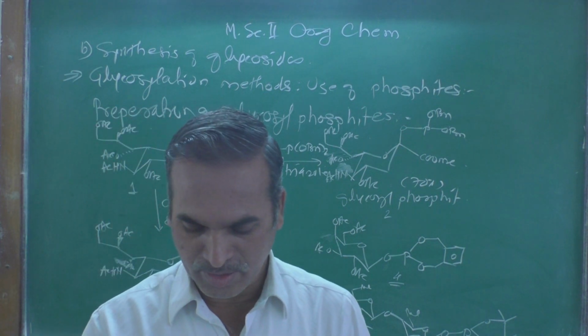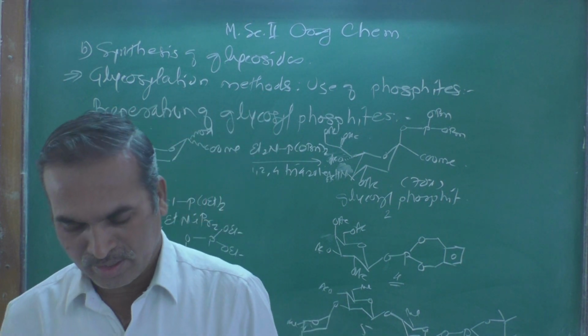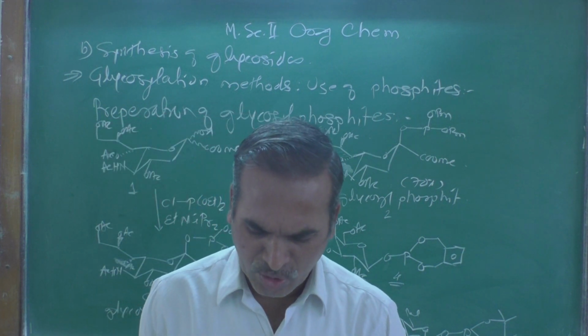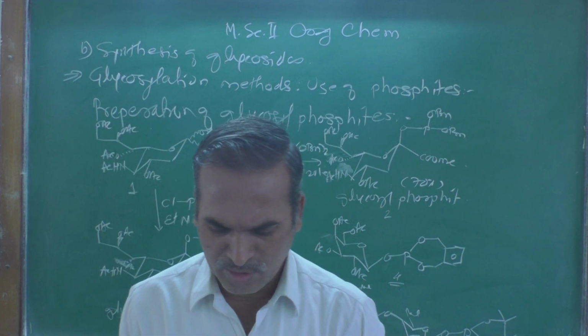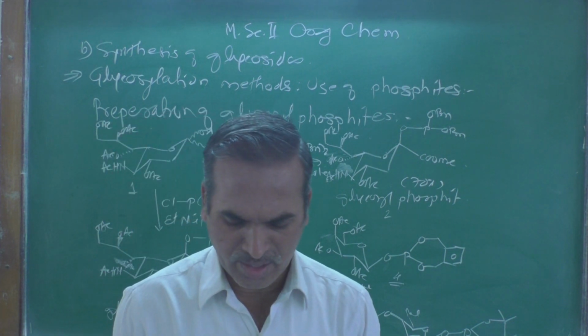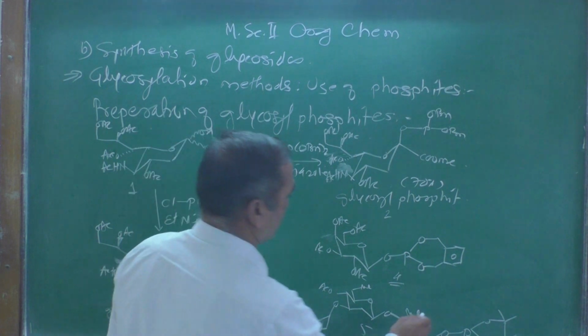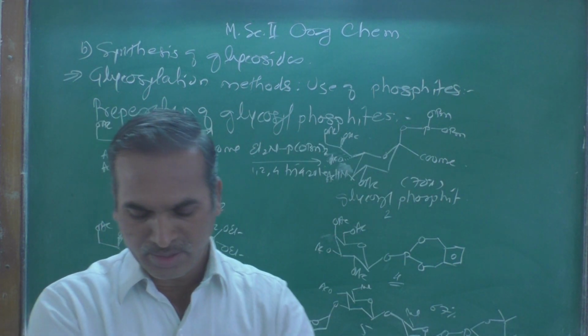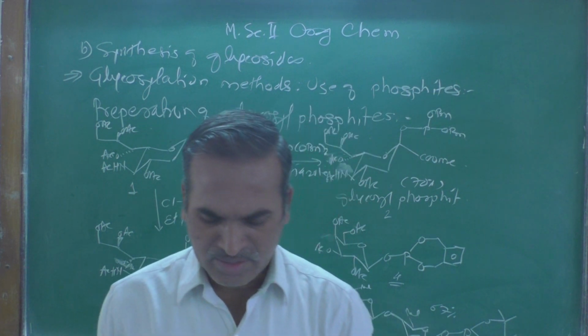So this is figure number 1 shown over here, and the corresponding pinnacle phosphate 5 was however stable enough to be isolated in 67% yield. This is the 67% yield we are getting over there.